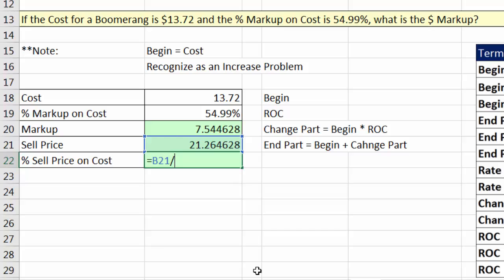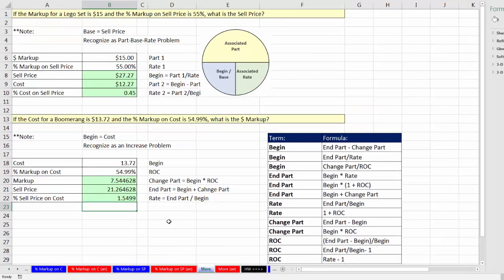That's the numerator divided by the denominator cost. And when I hit enter, I better get exactly 1.5499, and I do.